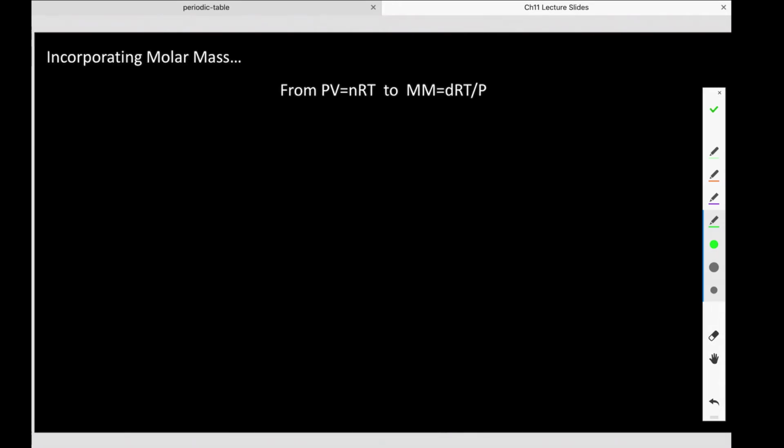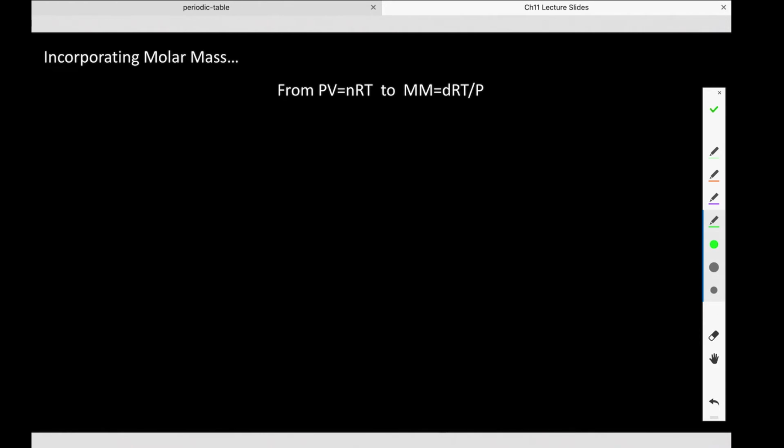Okay, then that brings us to the concept your book goes into, incorporating molar mass into our PV equals nRT, right? So if we think about what we just did, I can solve for moles. I can take grams times 1 over molar mass.